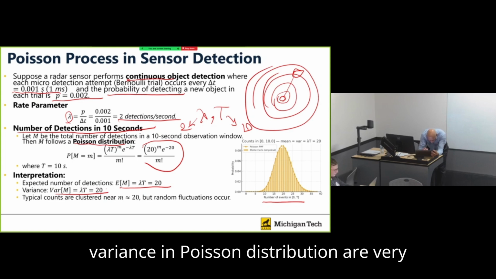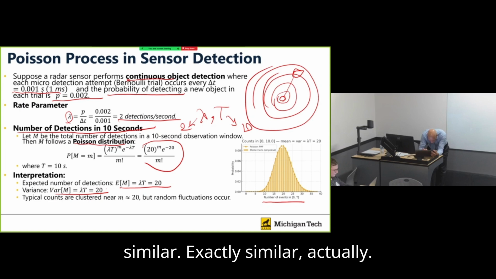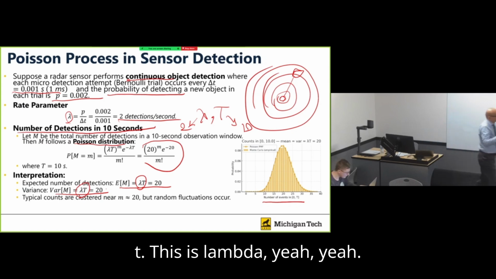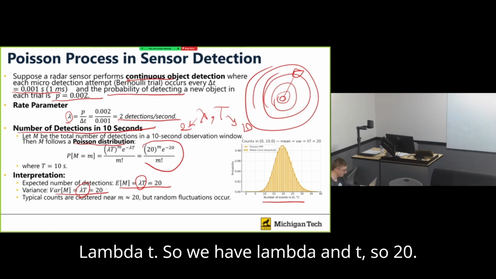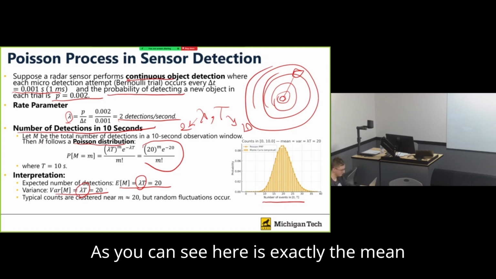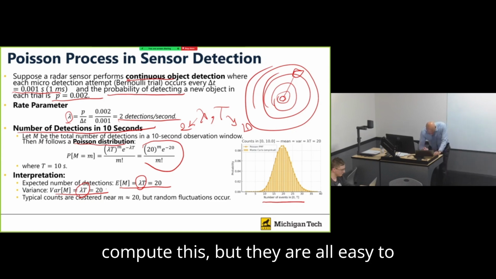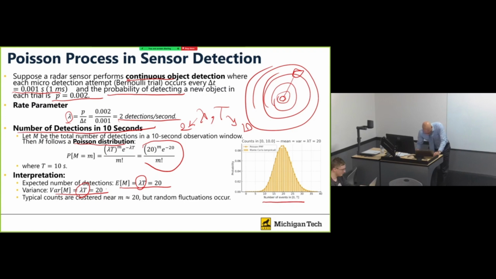The mean and variance in the Poisson distribution are exactly the same: lambda t. So we have lambda and t, so 20. As you can see here, the mean is exactly 20. We can explain later how we compute this, but they are all easy to compute.